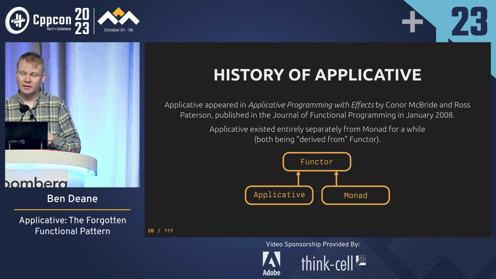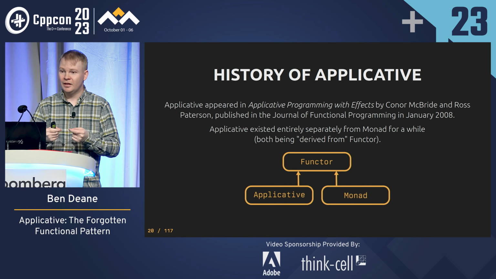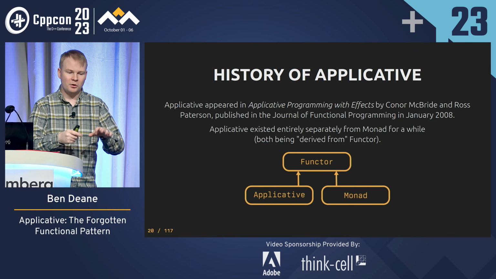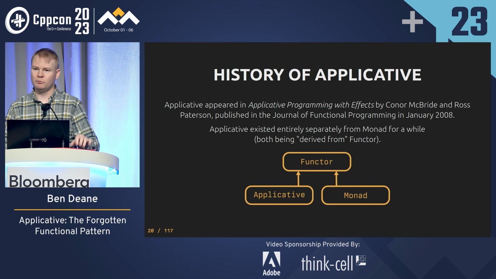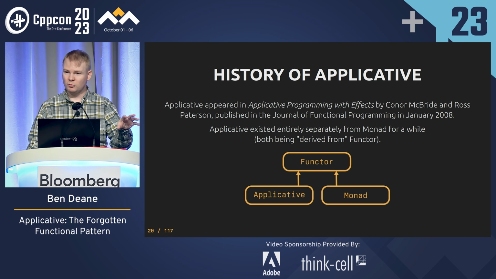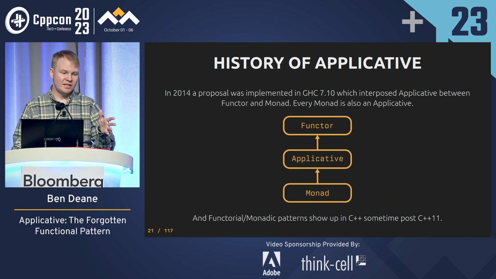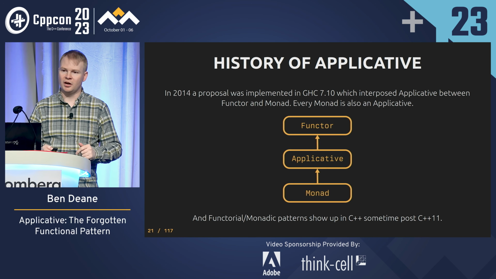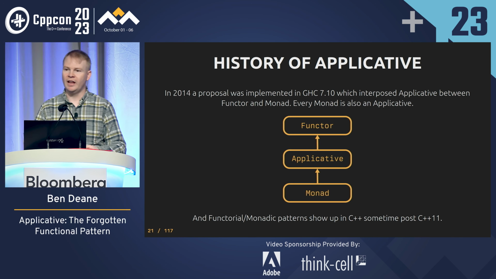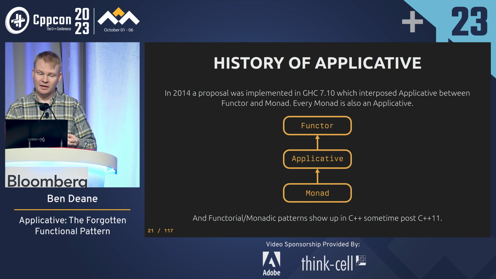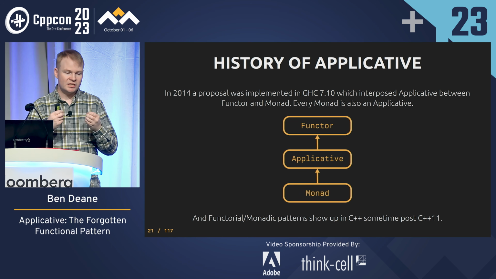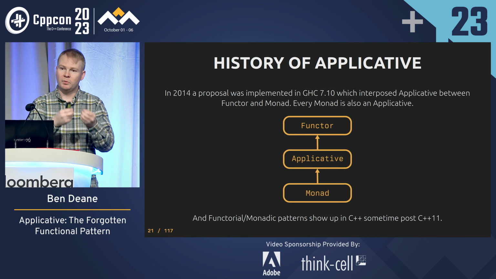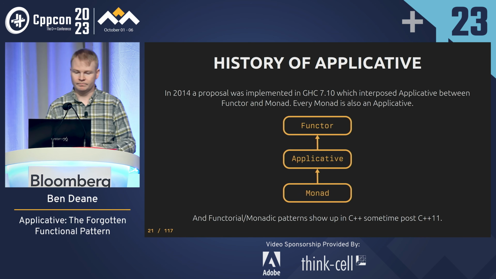And in fact, every monad is an applicative. And every applicative is a functor. So for a while, there was this class hierarchy, which wasn't really correct in that sense. And so later on, GHC changed the class hierarchy to more accurately reflect the relationship between these patterns, right? So this clearly shows every monad is an applicative functor, every applicative functor is a functor.